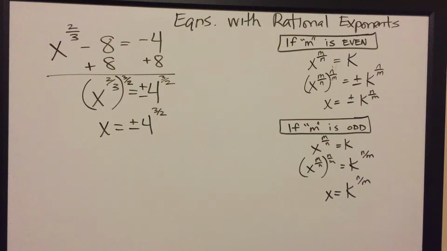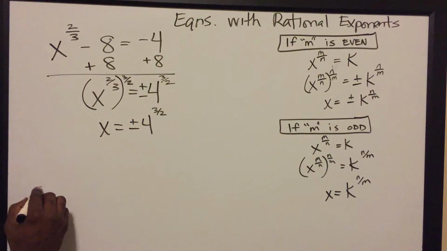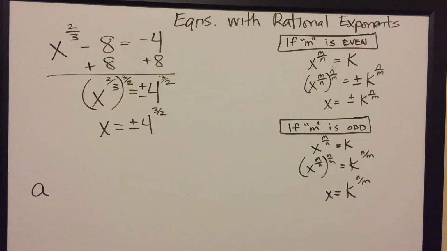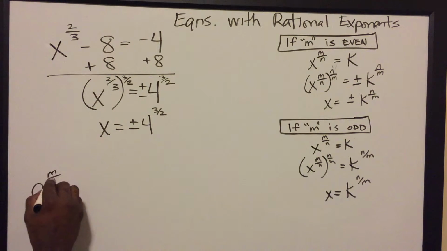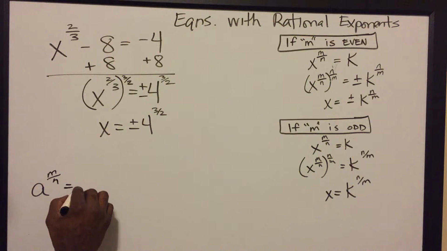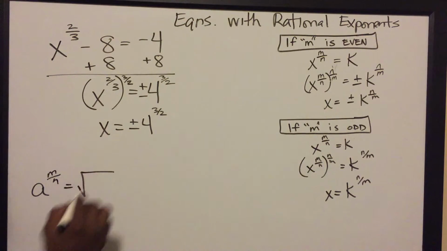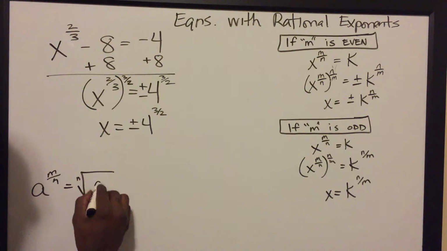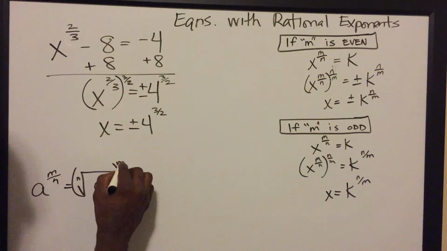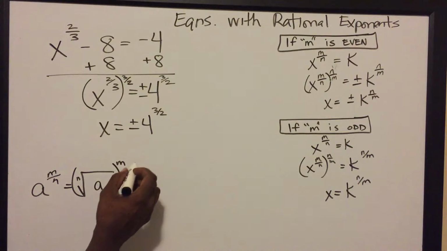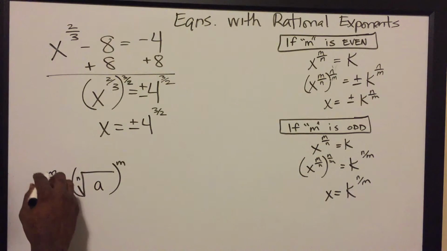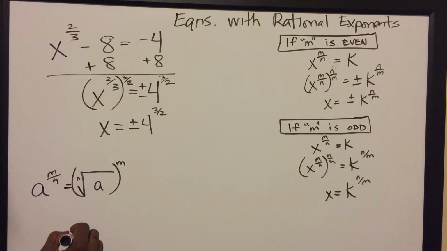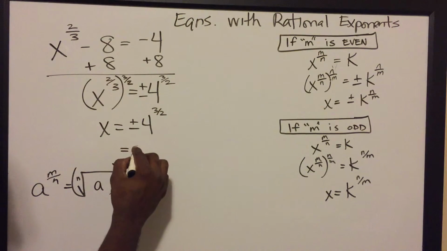And if you recall in section P3, where we had a to the m over n, it was equal to the root, where the n was here, the a was here, and the m was out there. So we know what our n and our m is, as well as our a, which is our 4, so we just plug it in.